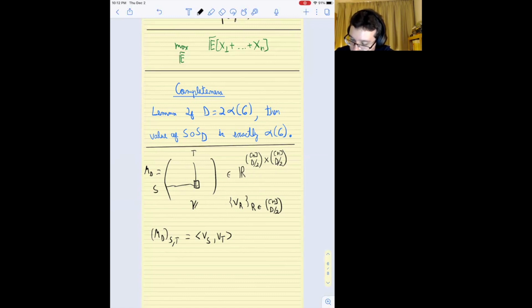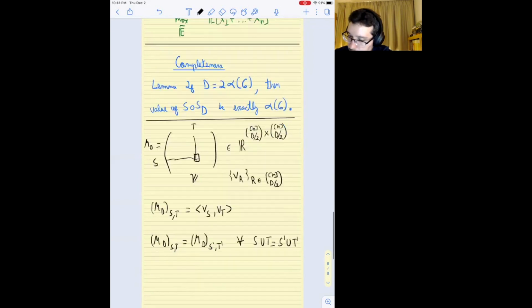And the way that we were expressing the constraints on this is that you're saying M_d(S,T) is equal to M_d(S',T') whenever the unions are the same, because that entry represents the same expectation, the expectation of the same monomial.